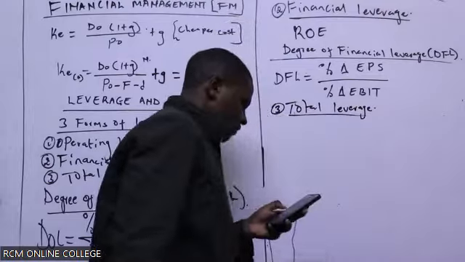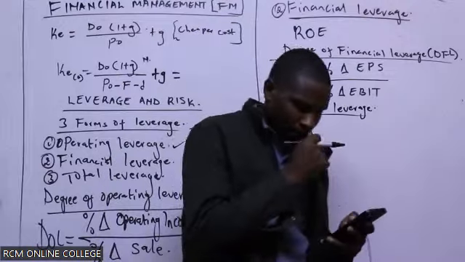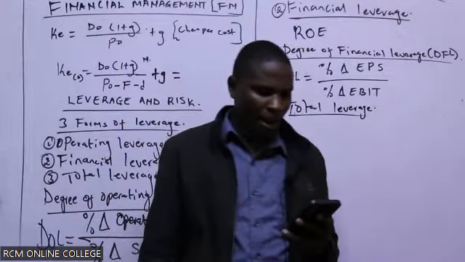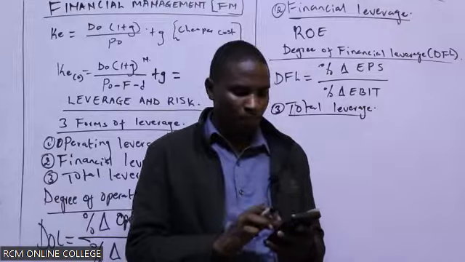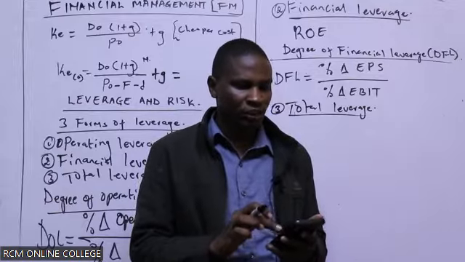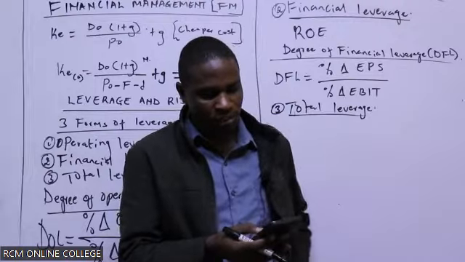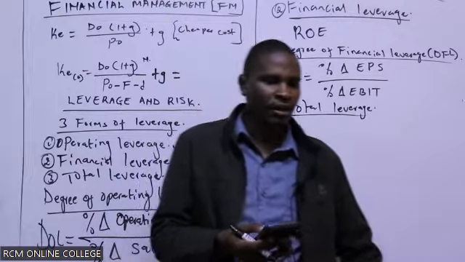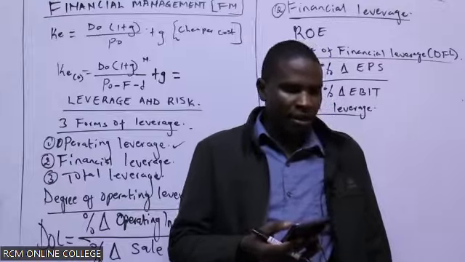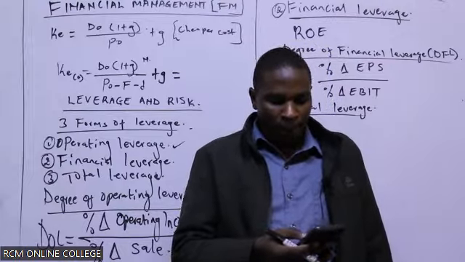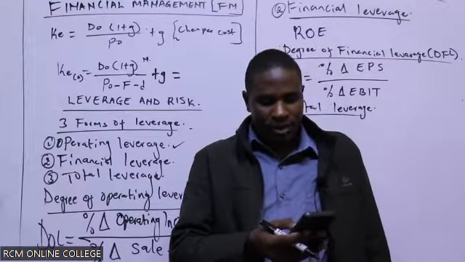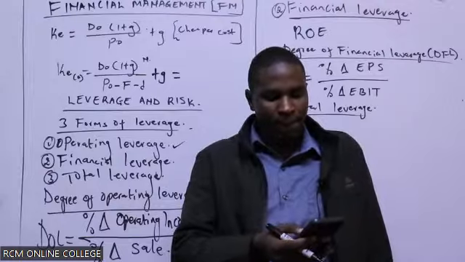So for the total leverage, you just say it is the combined effect of both operating leverage and financial leverage. Hiyo ya mwisho tumesema tu, it's just a matter of picking the high level concept.